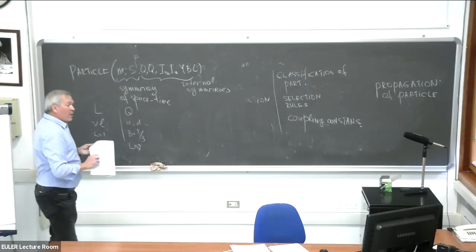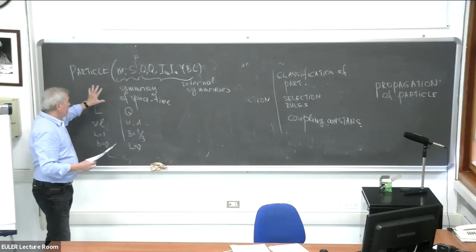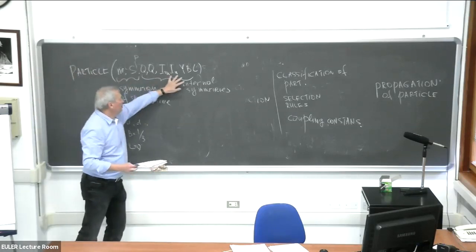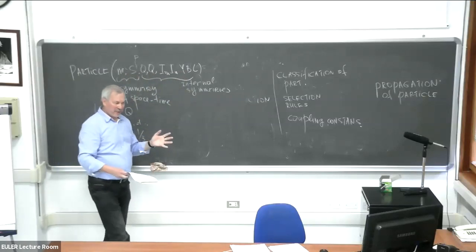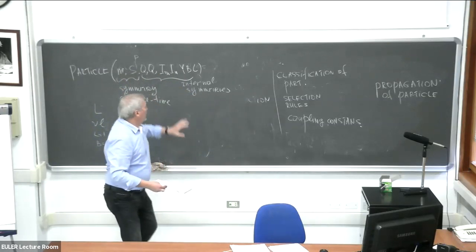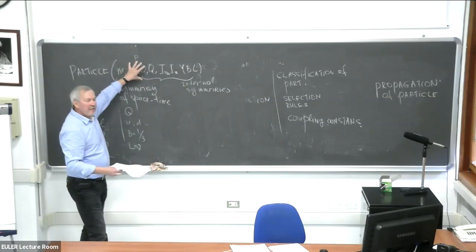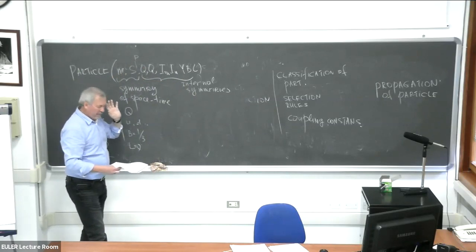So now, a very important conceptual thing. If you tell me that I have an object with certain values of these parameters, I know this object. I know how this object will propagate and interact. So this is what actually contains information of a given particle. If I know this, I know about the particle.